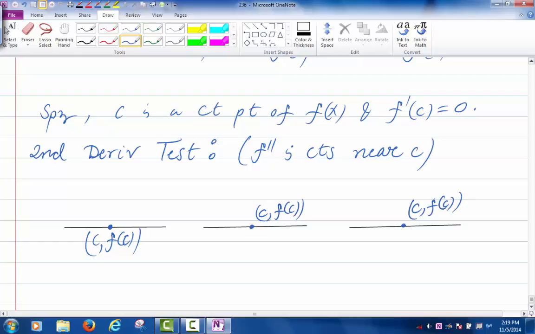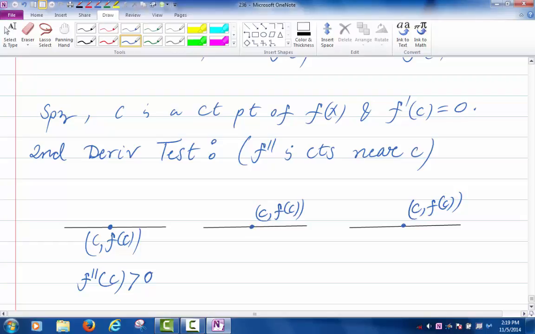Now, suppose that I know that the second derivative at c is positive. What does it tell me about the graph at c?